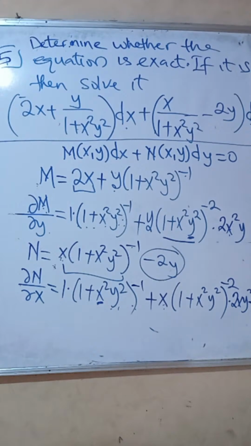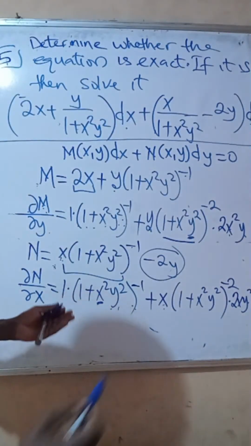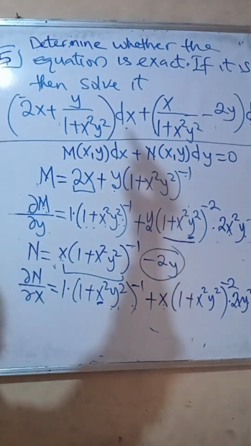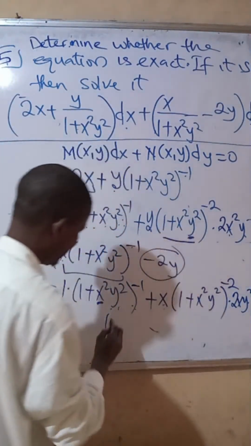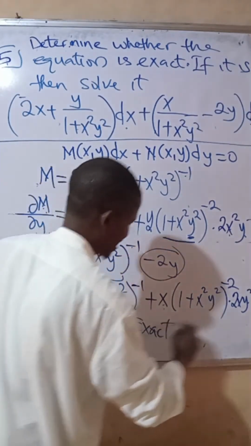This is y squared, this is 1 here, making y squared. So automatically, this is exact. We have shown that the equation is exact.